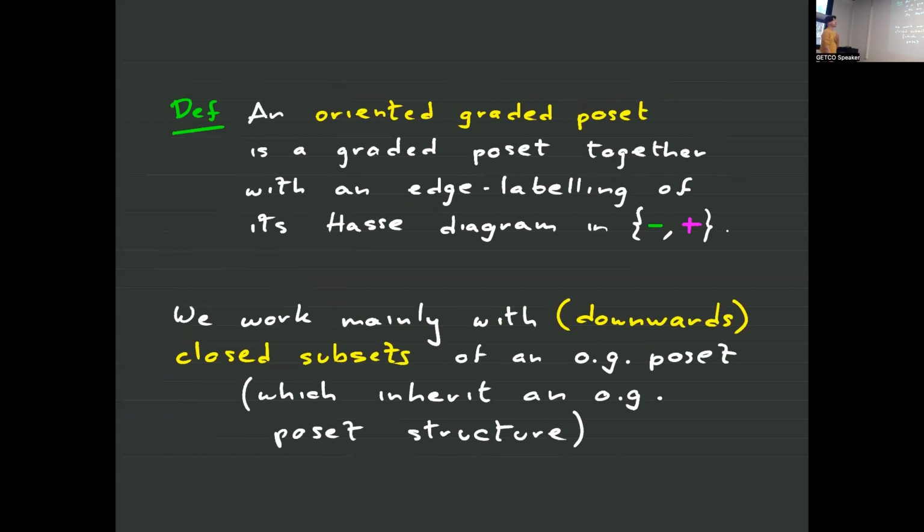And then an oriented graded poset is a finite graded poset together with an edge labeling of its Hasse diagram with 2 colors.